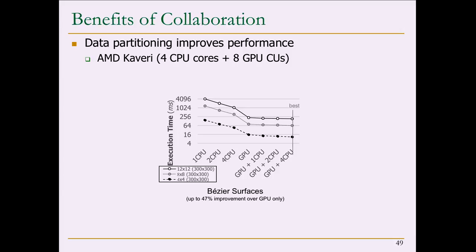Actually, the next example is like that. We see some improvement from using all the resources at the same time, up to 47% improvement over the GPU-only version. And this is possible on the AMD Kaveri, using very similar features as the ones we are explaining for NVIDIA systems.